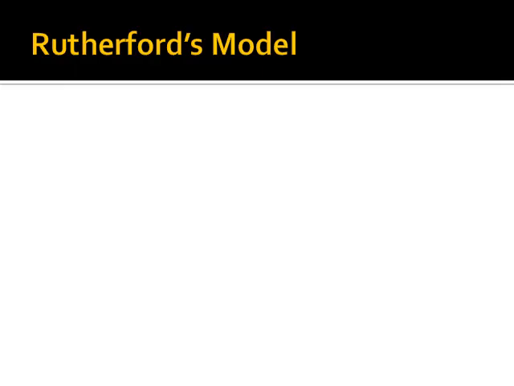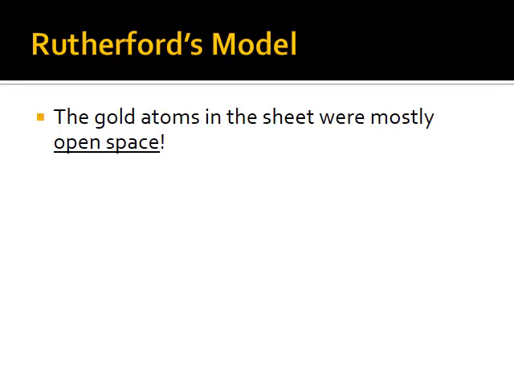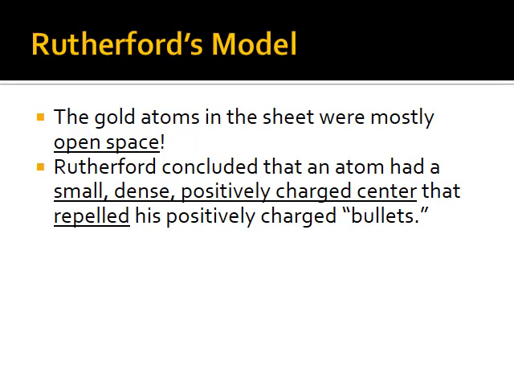So Rutherford's model, what he realized was, most of the particles went through. So we realized that the gold atoms were mostly open space. It's the only way those particles could have come through like that. But there had to be something there in the center that all these things were hitting off of. So Rutherford concluded that an atom has to have a small, dense, positively charged center that was repelling his positive bullets.